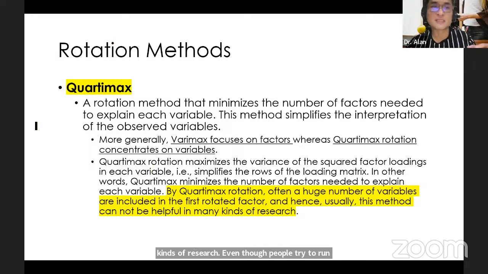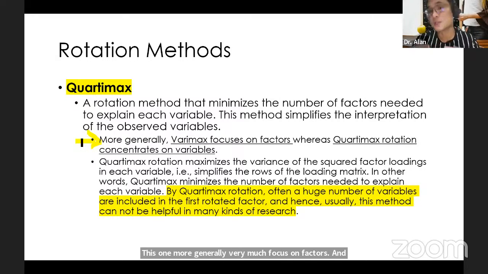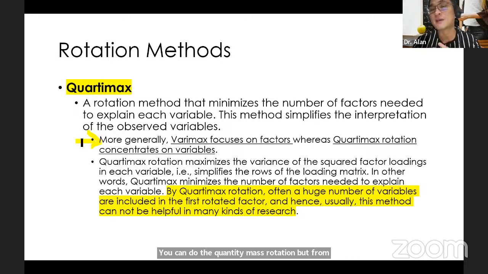More generally, varimax focuses on factors, and quantimax rotation concentrates on variables. You can do the quantimax rotation, but from my experience, it is very hard to interpret by using this rotation method. So that's why most commonly we encourage people to use varimax as it is easier for you to explain.